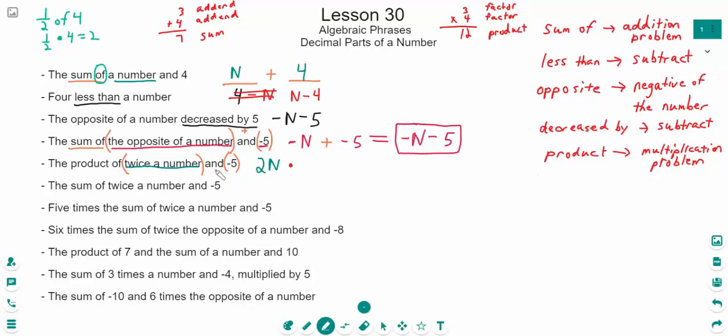And then our second factor is very simple. It's just the negative 5. And I'm going to put that in parentheses, actually, since I have multiplication here. Okay? So the answer is 2n times a negative 5. And I'll just make that multiplication invisible. 2n times a negative 5.